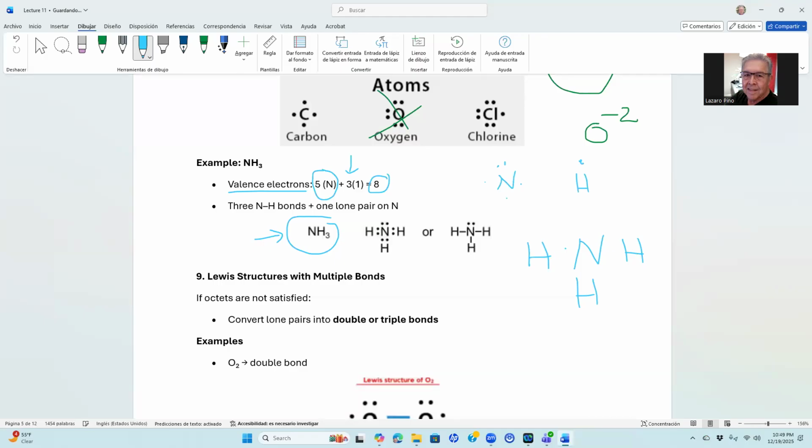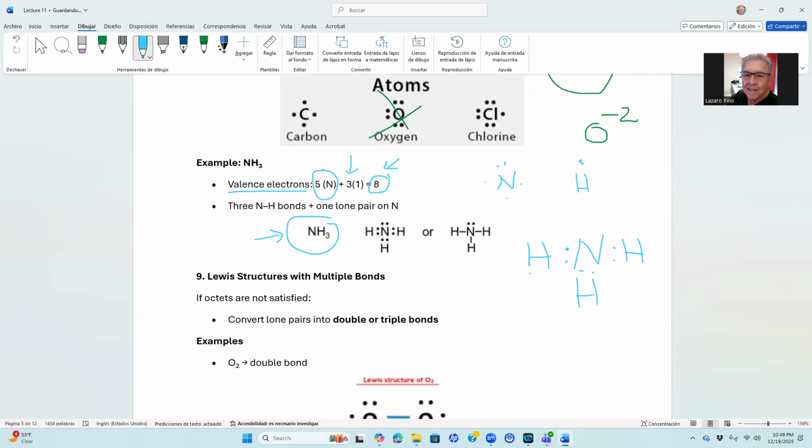Then I put 2 electrons here to make a simple bond between hydrogen and nitrogen, and the same thing here, and the same thing here. How many electrons do I have in this structure? 6. But how many more can we add? 2 more, because these atoms have 8 valence electrons.